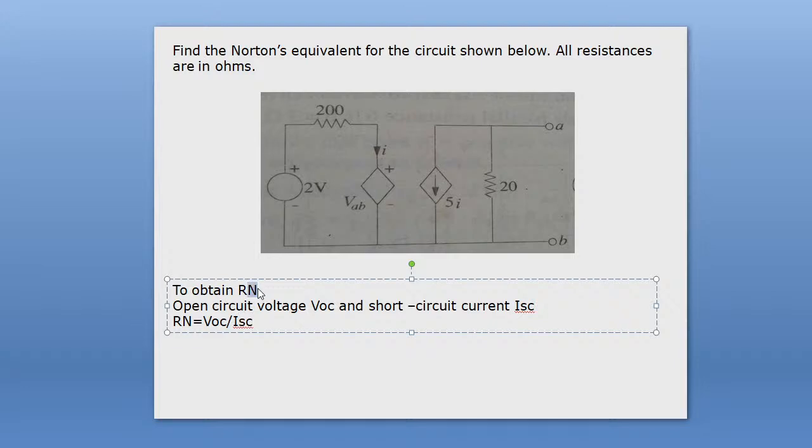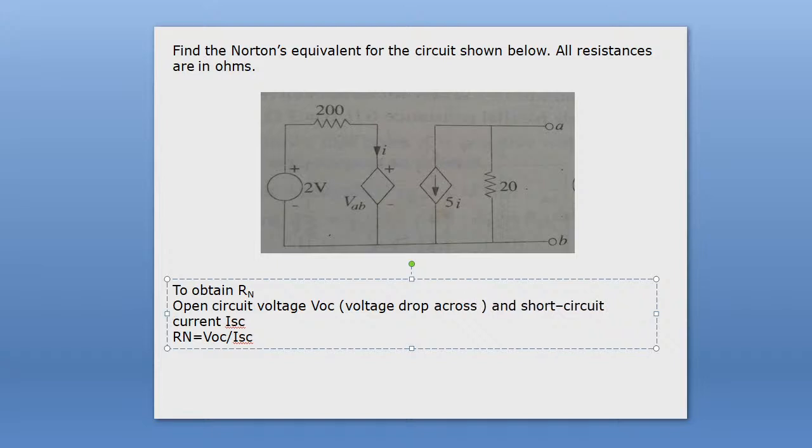Okay, so first you calculate open circuit voltage and short circuit current. You see, the open circuit voltage is nothing but the voltage drop across the 20 ohm resistance. This voltage VAB is the voltage drop across terminals A and B, which is equal to the voltage drop across the 20 ohm resistance.